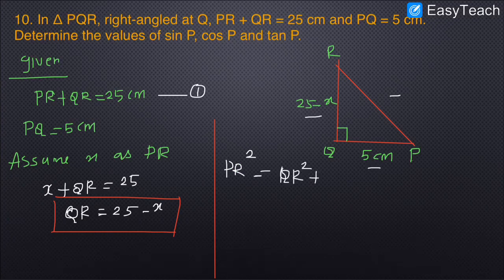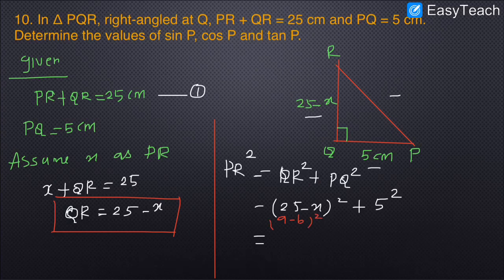So, PR square equal QR square plus PQ square. So, for PR square we do not know. So, here I substitute 25 minus x for QR plus, for PQ, 5 centimeter. Let us consider this as a minus b the whole square. Okay.